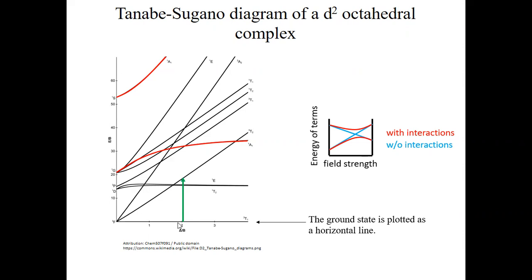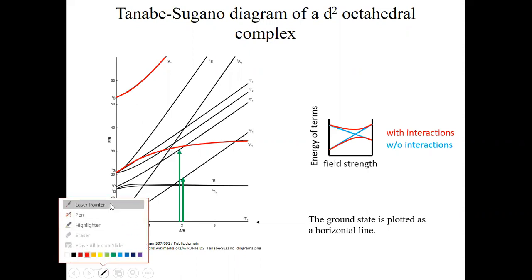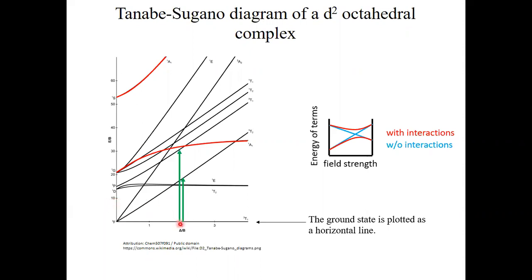So that means that we can excite from the triplet ground state to this triplet state here, as well as this triplet state over there, and finally we can also excite to a third triplet state.